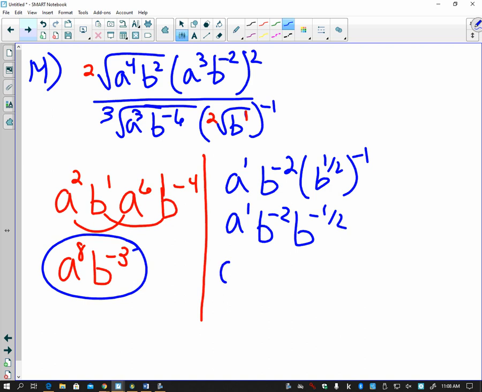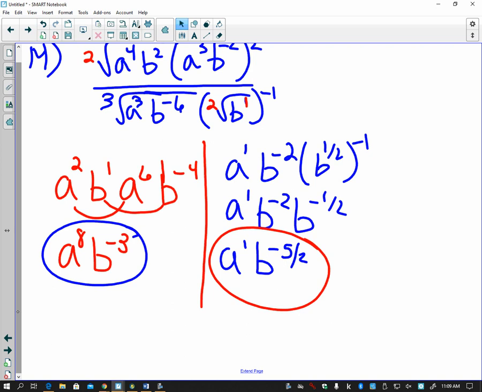Now we have a to the first, and we want negative 2 minus 1/2, which would be negative 2.5, or negative 5 halves, if that helps. So this is my denominator.